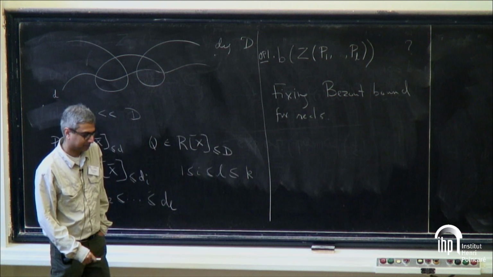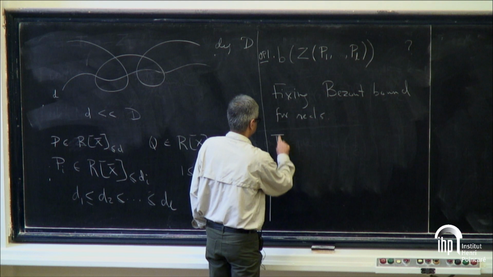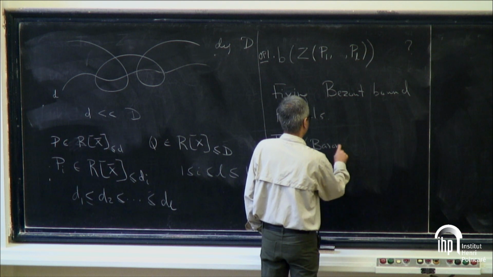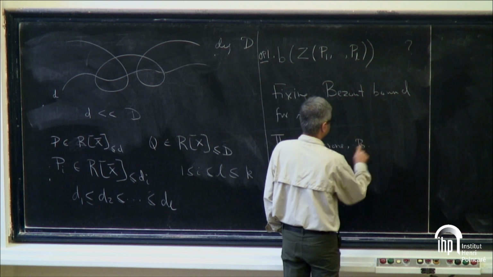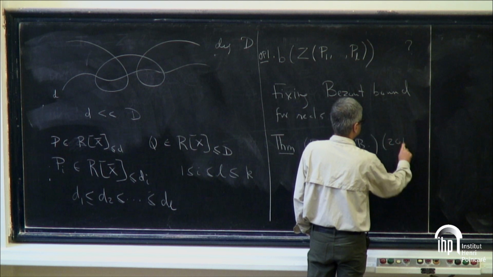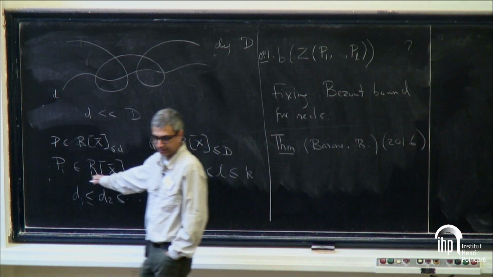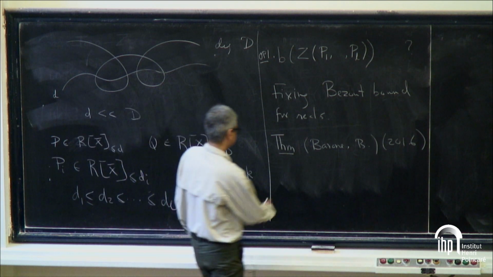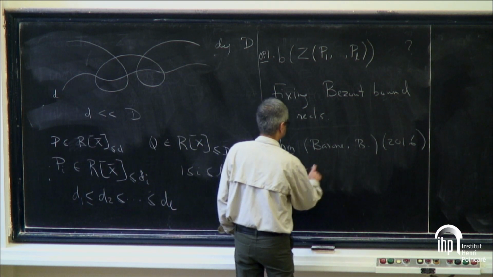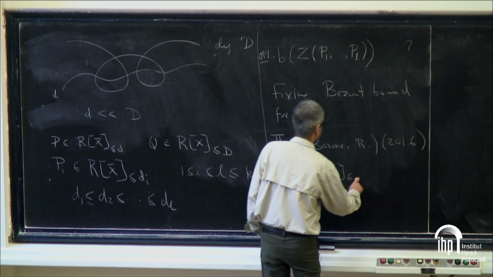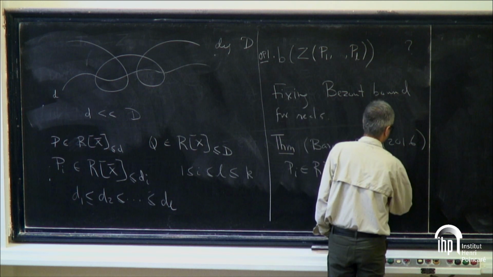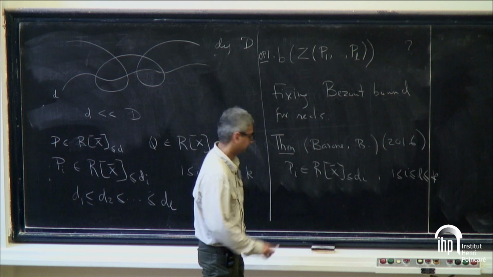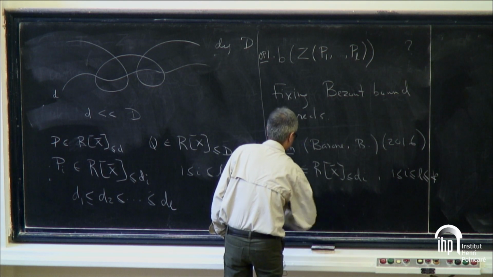So I've given motivations, but let me at least state a theorem. So this is work of my student Baron and myself. It appeared in 2016. So under this assumption that you have L polynomials of degree d1 to dL, and we are going to assume that the degrees are increasing.